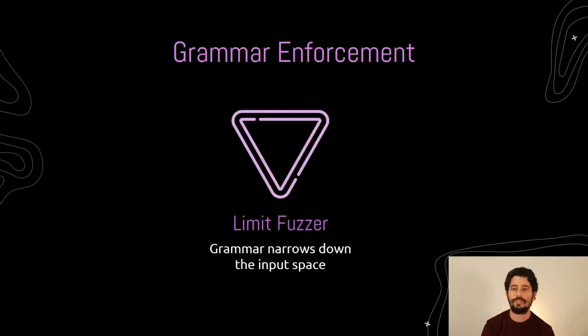Now, an important note about grammar enforcement is that it limits the space of possible test cases that the fuzzer can generate. This means we limit the fuzzer in what it can do, and therefore we can miss some interesting inputs. For that reason, we tried to enforce as little as we could, but still ensure that the connection is not closed too often.